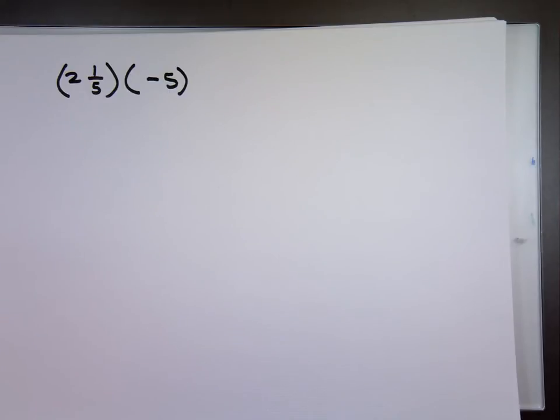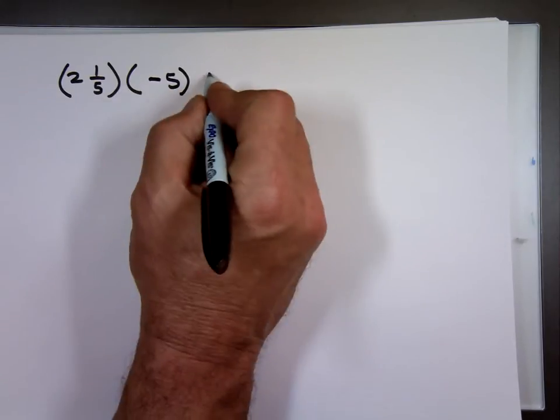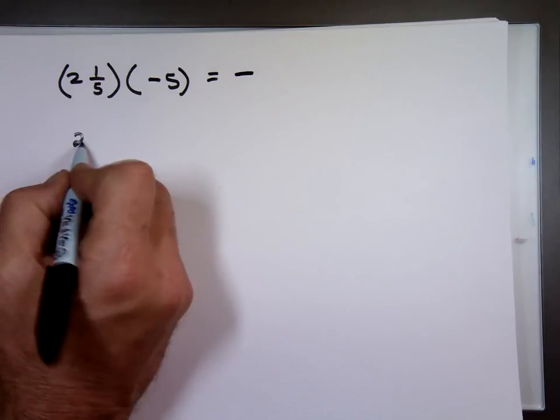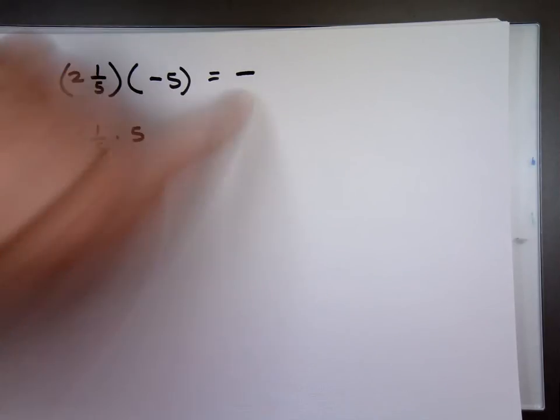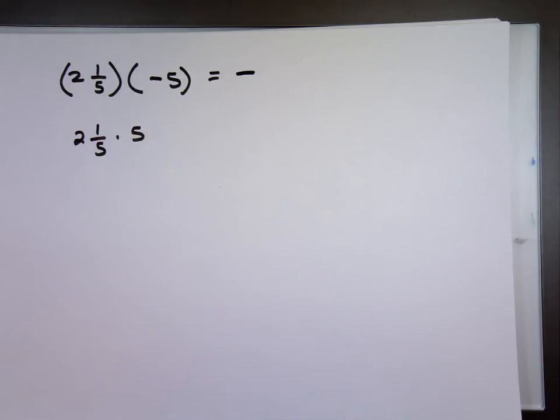Negative. Notice the signs are different. The result better be what? Negative. So let me put the negative sign. And now I don't pay attention to the sign. I go, how would I multiply 2 1/5 times 5? I know the answer is going to be minus. I already put it there. But how would I multiply these two values, the absolute values now?